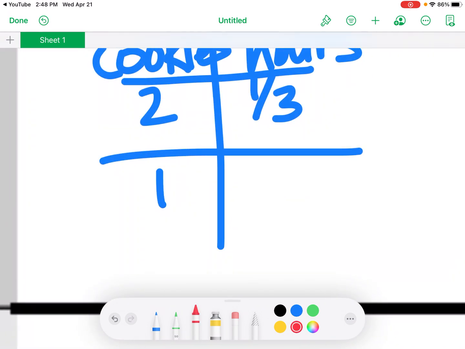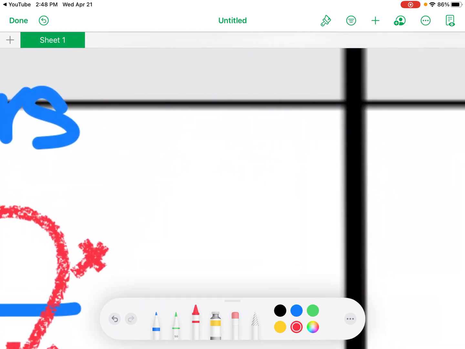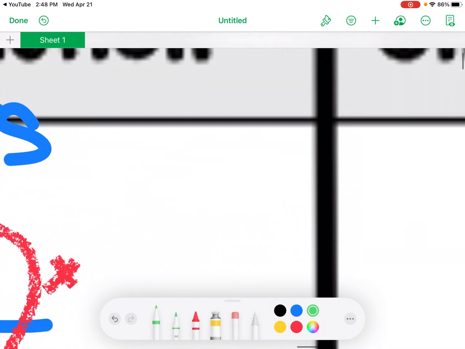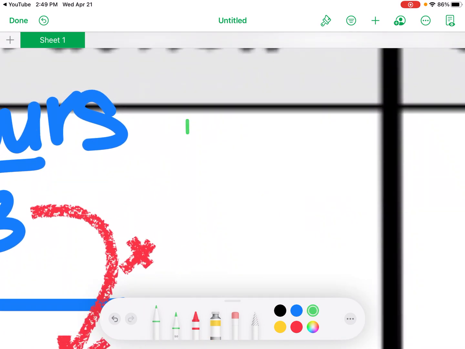All right, so just as a reminder, you divide going up, multiply coming down. So I'm doing 1 divided by 2. I don't know why it keeps doing that. So I'm going to keep, change, flip.